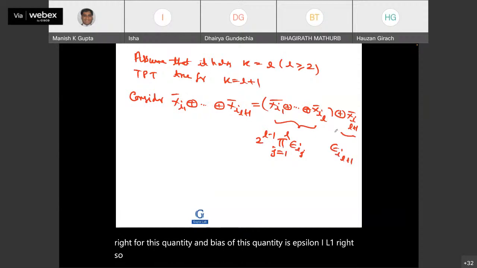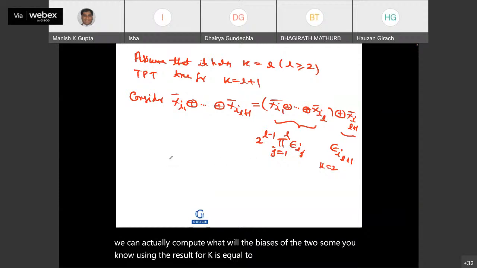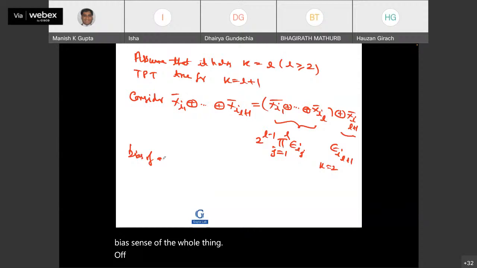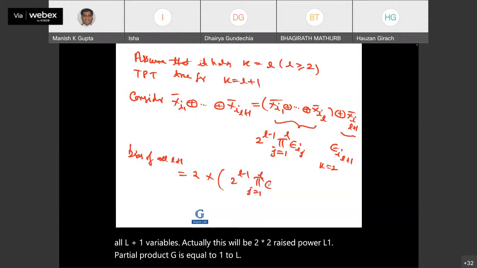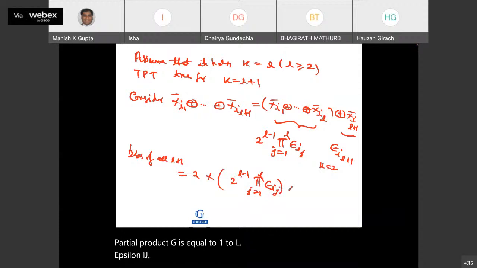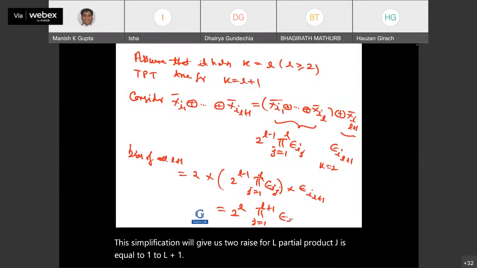So for the bias of the whole sum, we can compute the biasness of the two terms using our previous result for k equal to 2. The biasness of all L plus 1 variables will be 2 times 2 raised to power L minus 1 times the product over j equal to 1 to L of epsilon ij, into epsilon i(L+1). This simplifies to 2 raised to power L times the product over j equal to 1 to L plus 1 of epsilon ij.